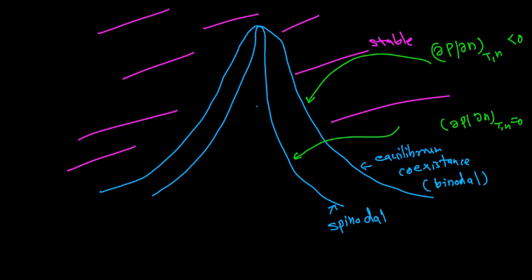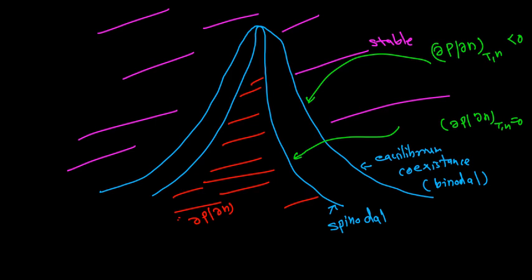What happens now in this region is that ∂P/∂V at constant T, n is greater than 0, so the system is unstable. You cannot observe the system in this region. But the question is, what happens in between?